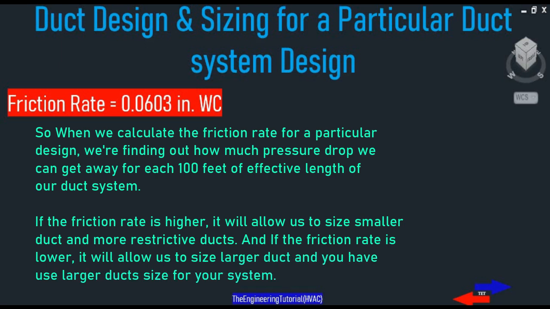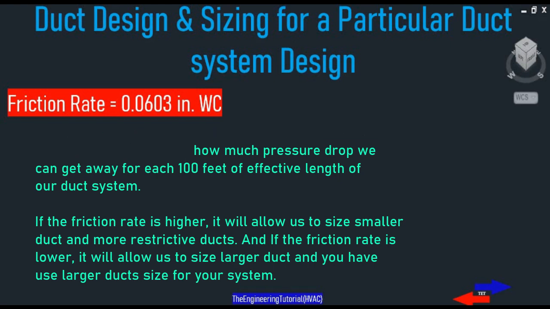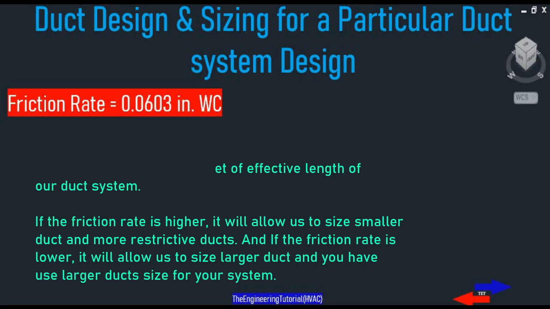If the friction rate is higher, it will allow us to size smaller and more restrictive ducts. And if the friction rate is lower, it will allow us to size larger ducts, and you have to use a larger duct size for your system. Think of friction rate as pressure drop, and it will make more sense.